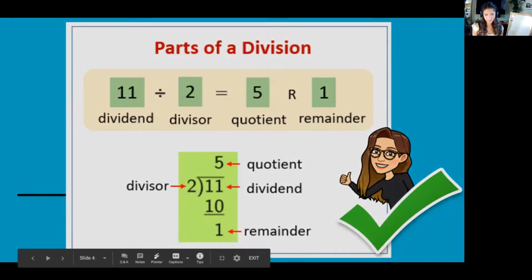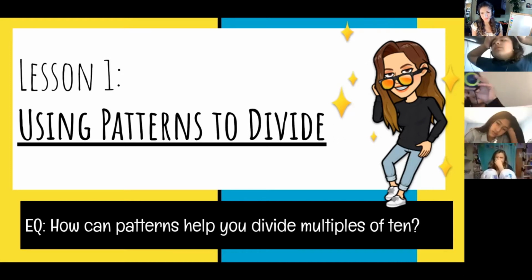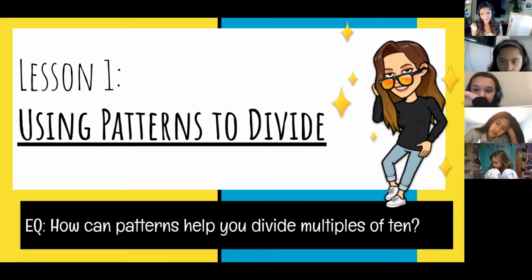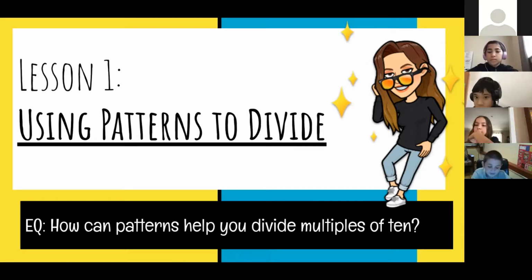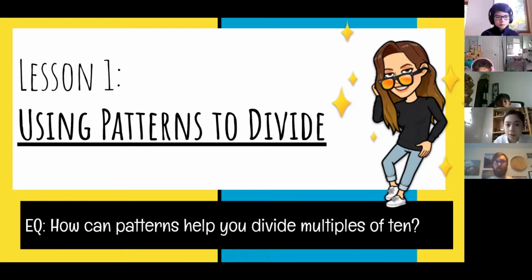As we started our last chapter, you probably guessed we're going to be starting this chapter the same way. We're going to be dividing with our multiples of 10. Now, who remembers the trick for dividing with multiples of 10? Anybody remember before we begin? You're looking at the zeros.